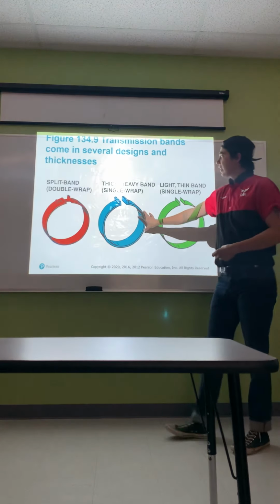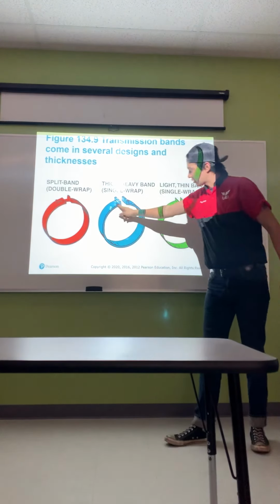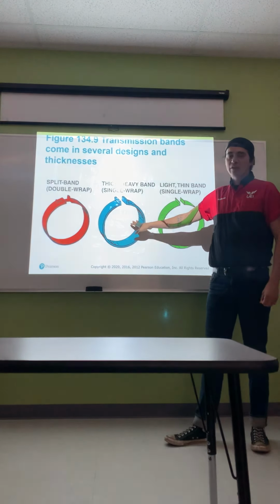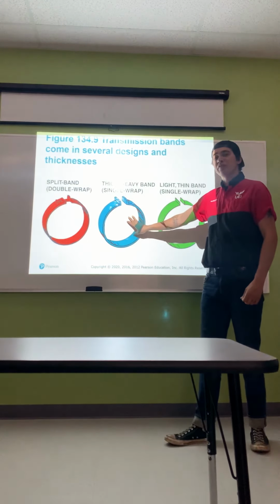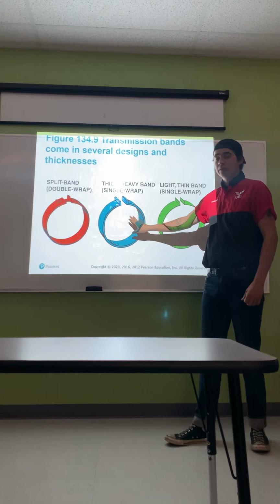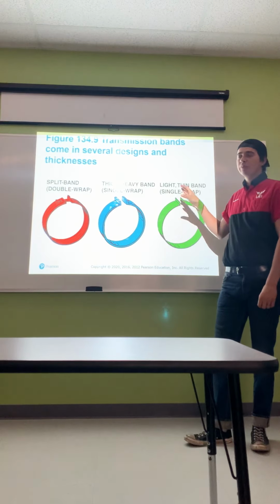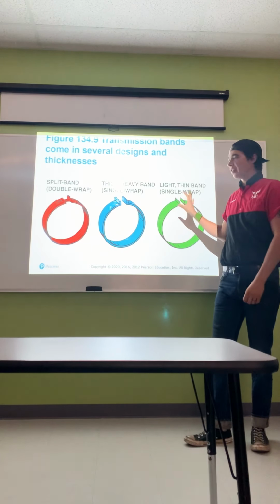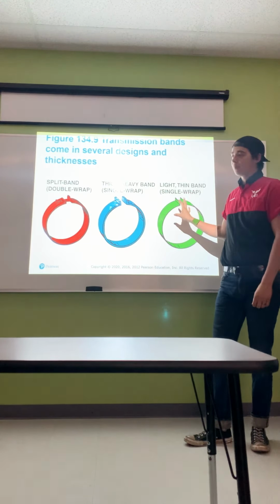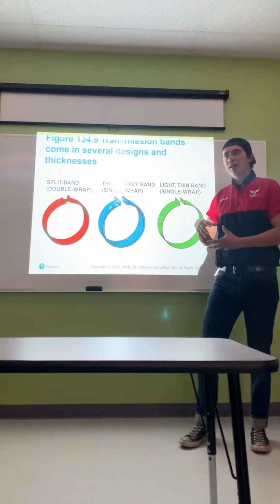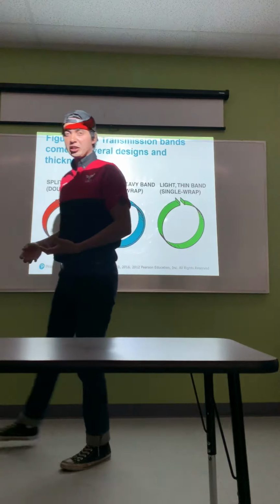The thicker heavy band, which still goes around only one time, is definitely going to grab a lot harder, so this transmission may shift a lot firmer compared to the single wrap. The thin one may be more of an economic transmission, allowing smoother shifts. It's not so aggressive, like a little old lady driving her '59 Cadillac. They're going to want the light thin single wrap to allow for smooth transitions into each gear.